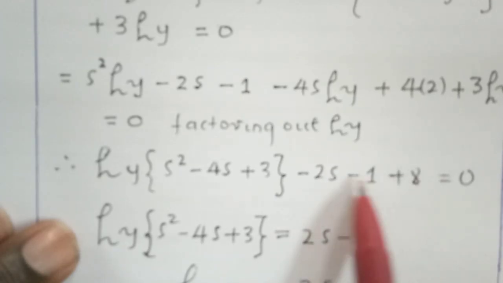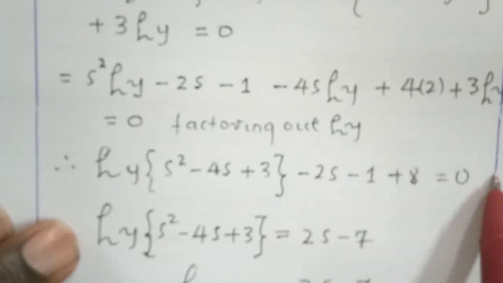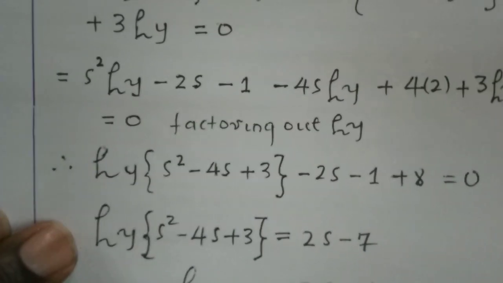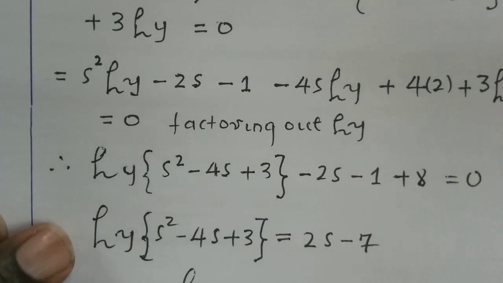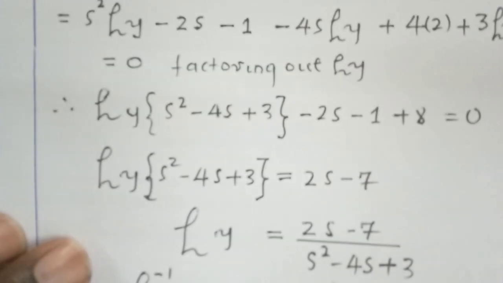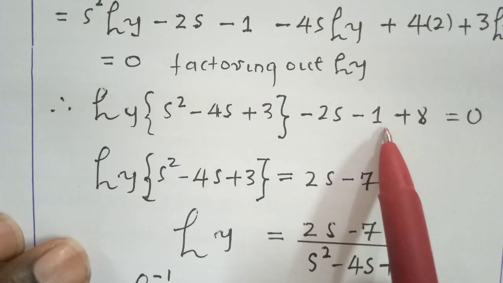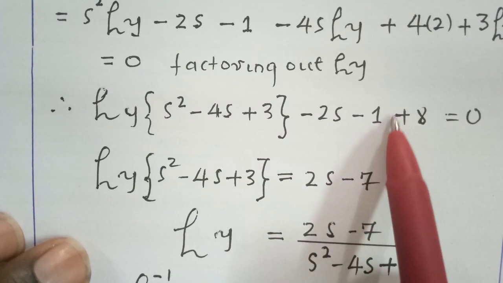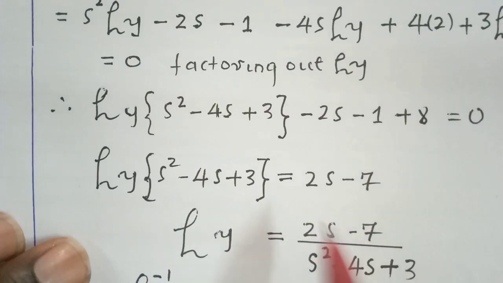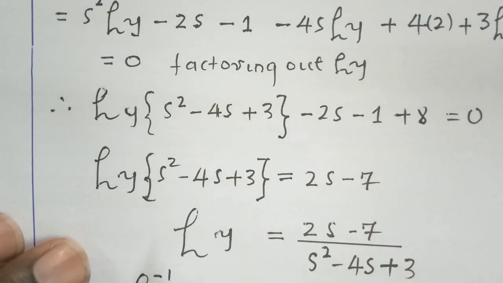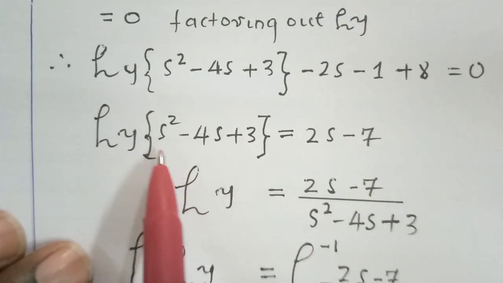All this we can take to the other side. Of course, minus 1 plus 8 is plus 7. So when we bring it to the other side, we shall have 2s minus 7, and on this other side we are left with this.